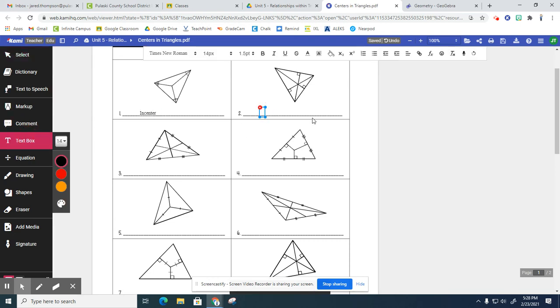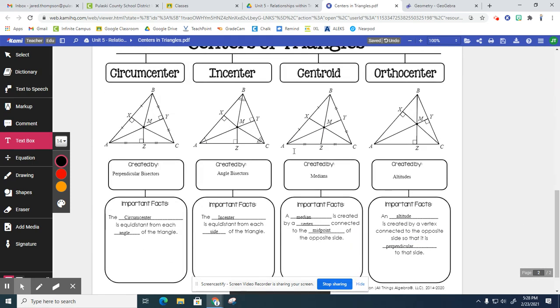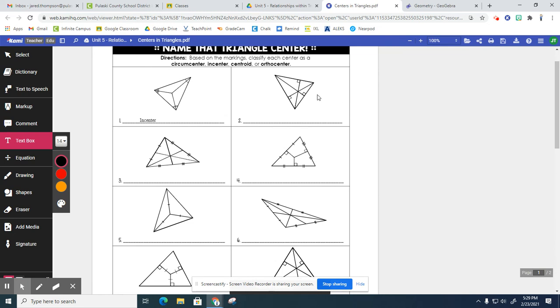Let's look at this one. I see perpendiculars on the sides, so I'm going to go back and look at my notes. The only ones that have perpendiculars are the circumcenter and the orthocenter. So how do you tell them apart? Circumcenter is made with perpendicular bisectors. So we've got the perpendicular part, but is the side bisected?